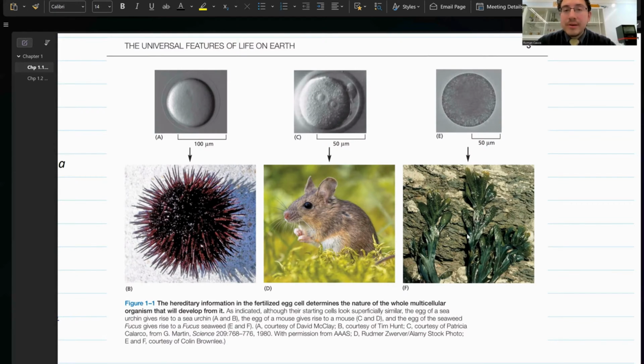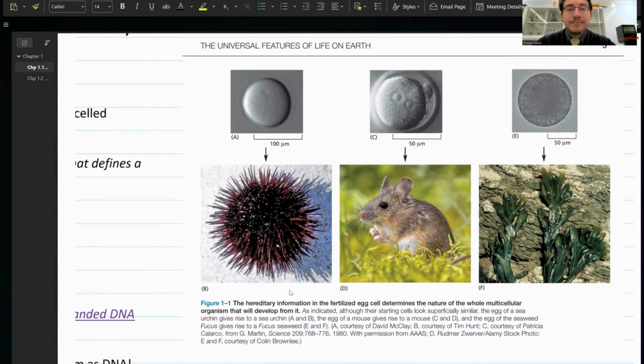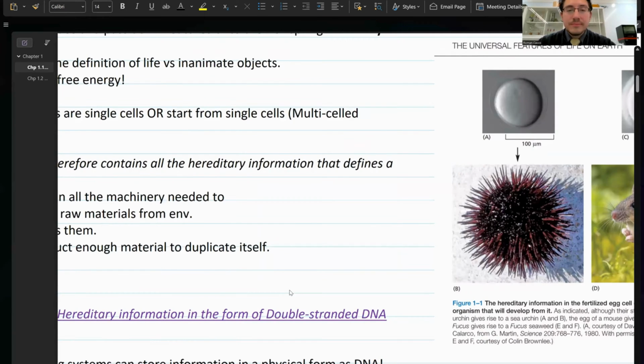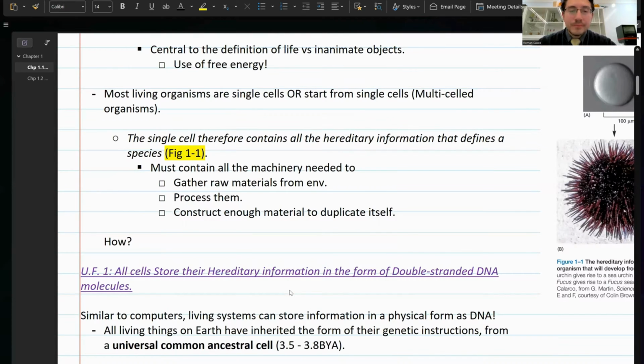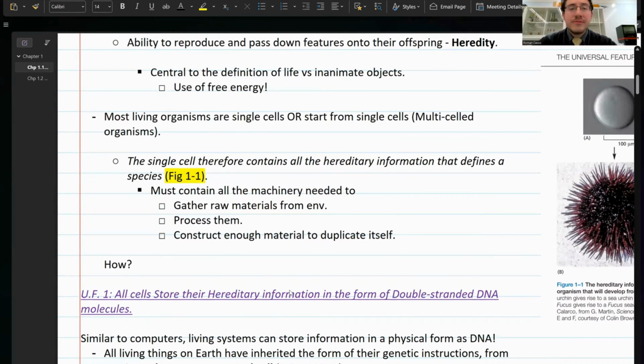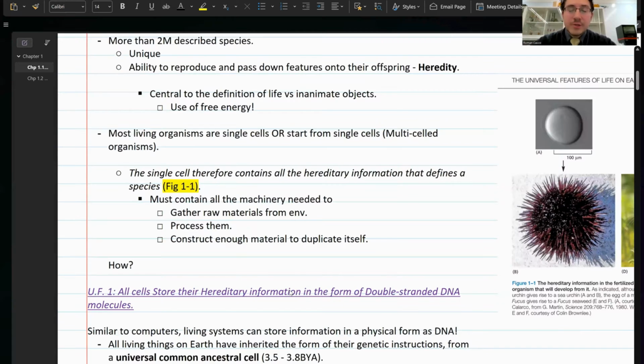All of them come from this single cell. Of course, through several cell divisions, they'll end up being these individual organisms that we think about commonly, right? But we all come from single cells.